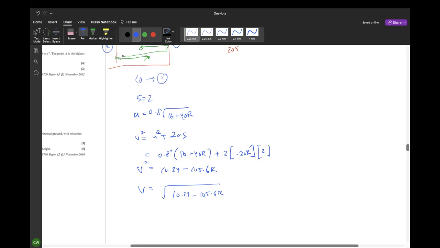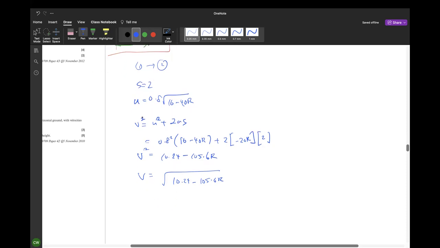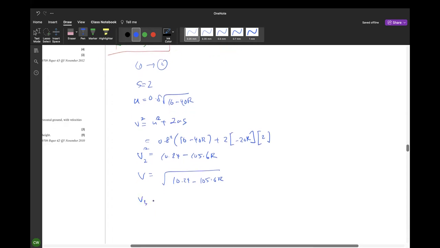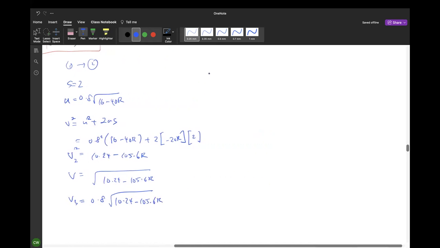Then hit and then regain 80%. After the hit, this is V2. Then hit, then bounce back becomes V3. V3 is 80% of before. Then you have to play again. How to play?